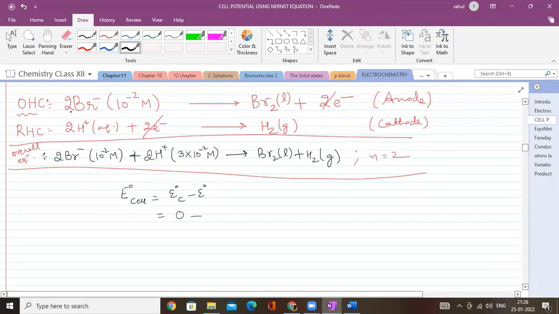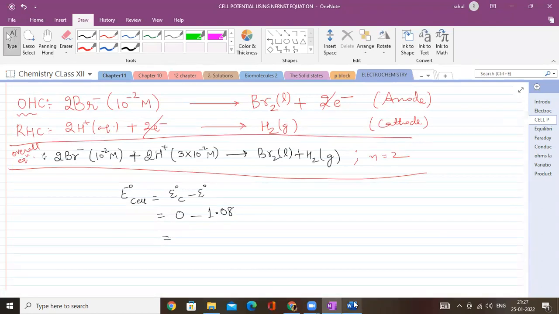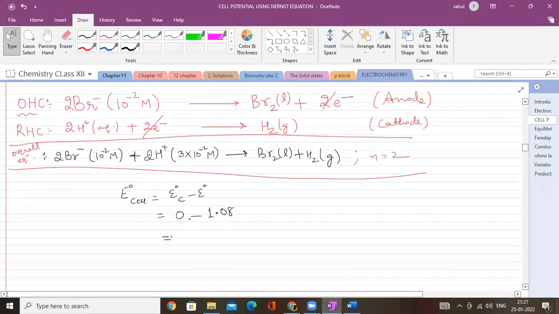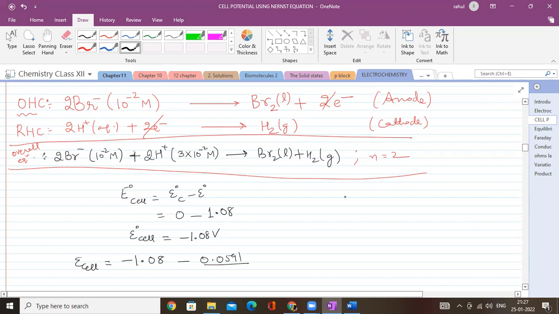And as I said, bromide has a value of 1.08, which will be given in the exam. So E naught of the cell will be 0 minus 1.08 volt. Then I'll write E of the cell equals minus 1.08 minus 0.0591 over the number of electrons exchanged, which is 2, times log.